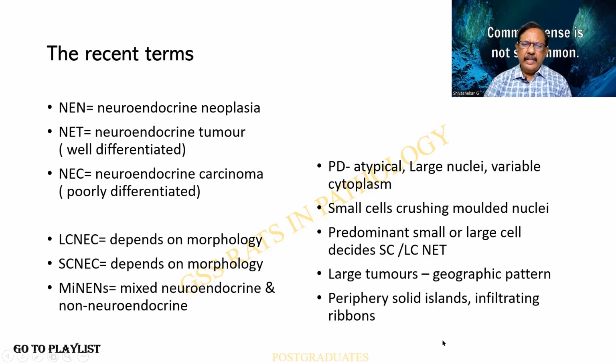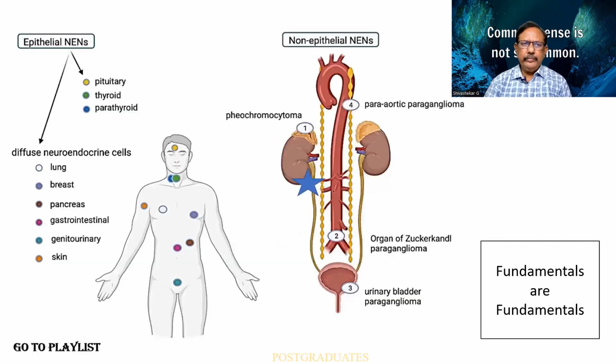And the entire stretch is the recent terms. Kindly become familiar with it. This is again a superb picture which is worth its weight in gold. Now the topic that is given is epithelial neuroendocrine neoplasia. Then what is non-epithelial? This diagram very strictly marks it. The non-epithelial will be something related to the adrenal, the bladder, the pheochromocytoma, and the para-aortic neoplasms.